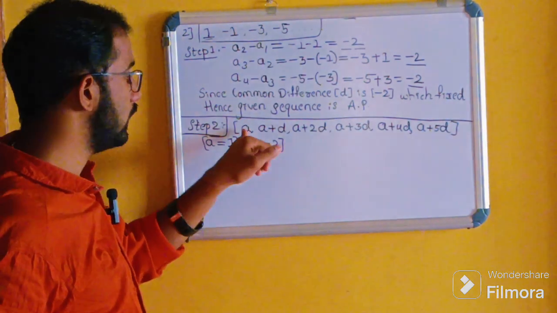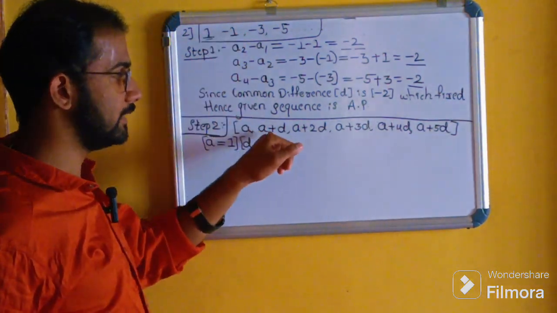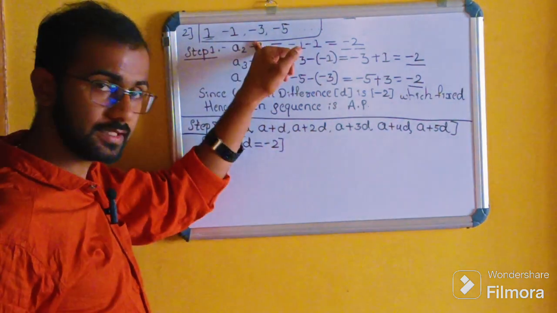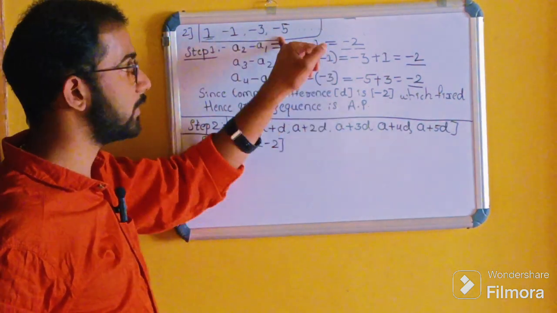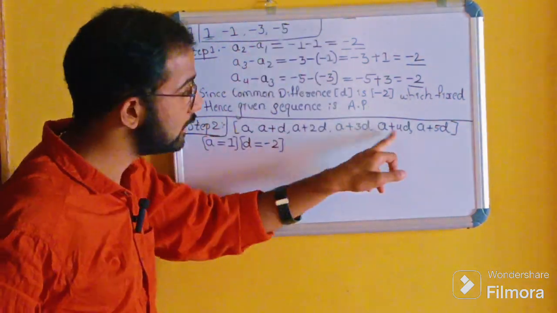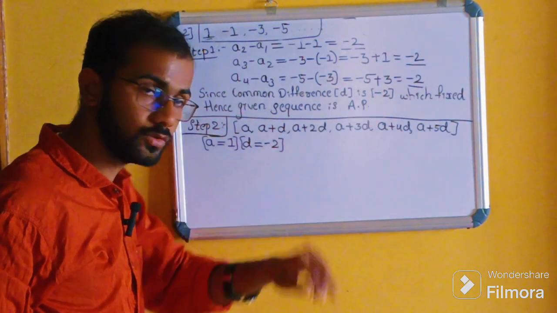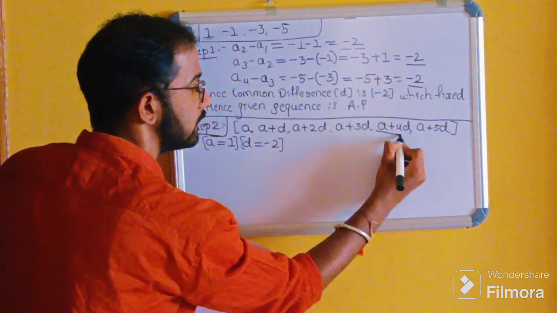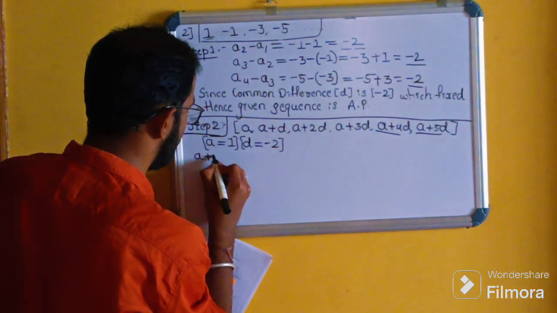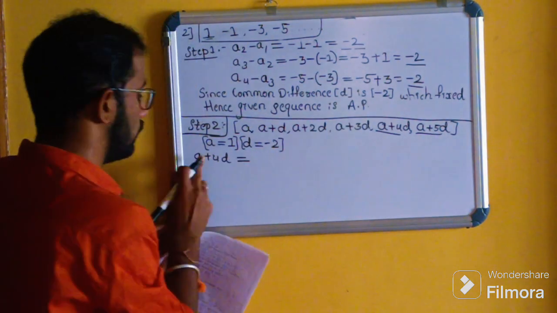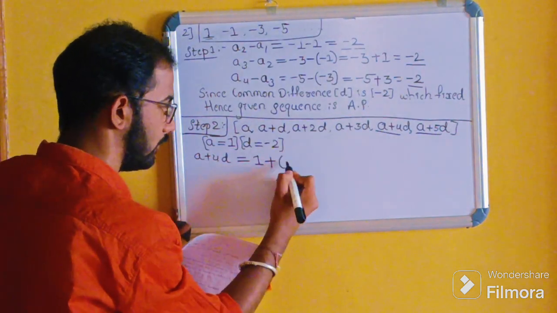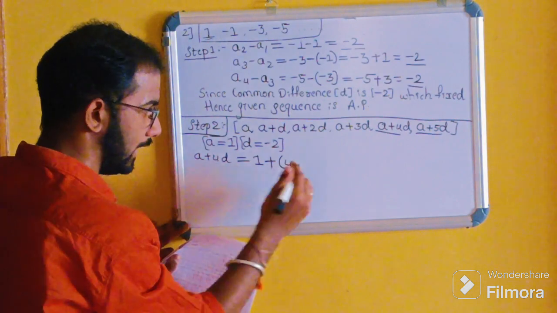Now a plus 4d. What is a? It is 1 plus 4 into d, which is -2. 1 plus 4 into -2 is -8. Then 1 minus 8 is -7. This is the term.